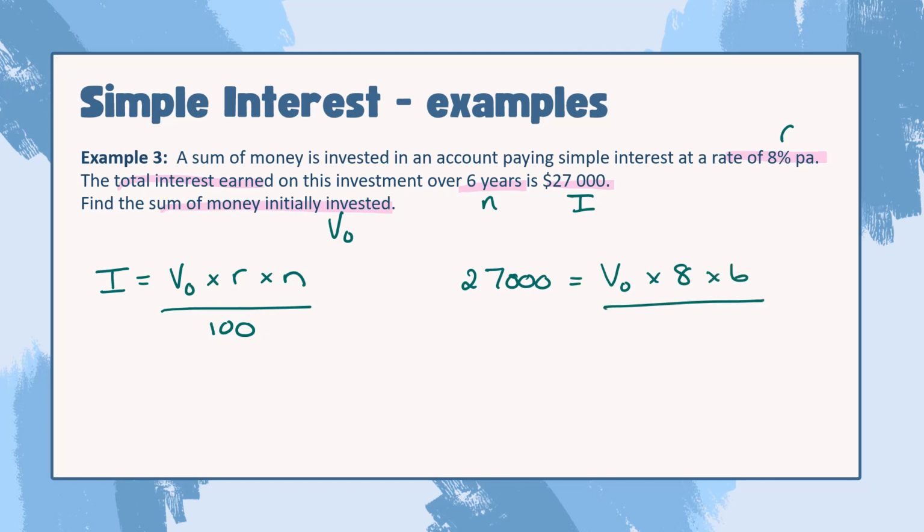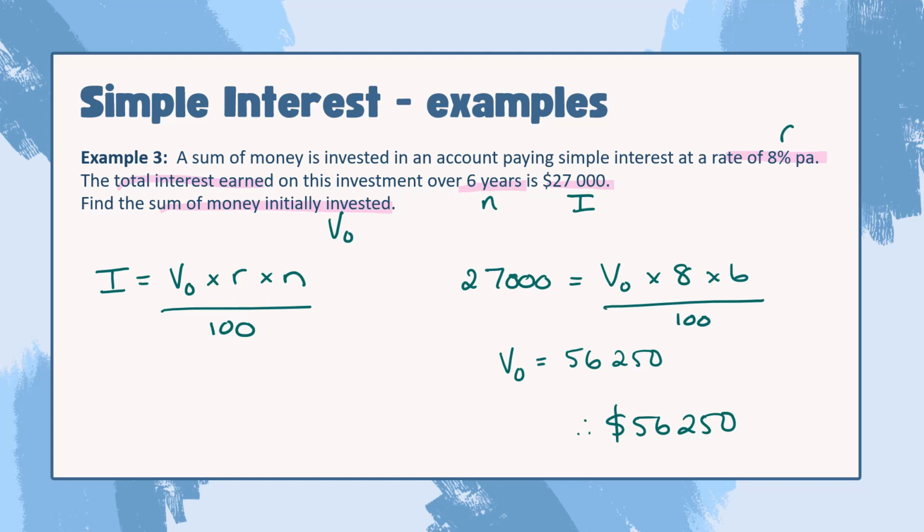And we can solve for V0. When we do that, we get V0 is equal to $56,250. So our initial value, $56,250.